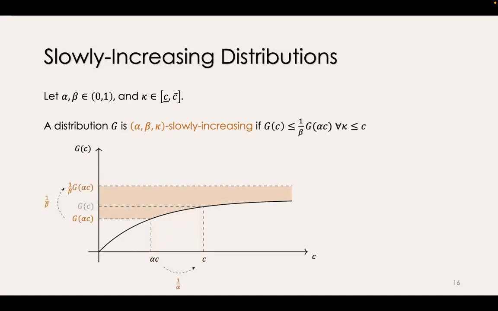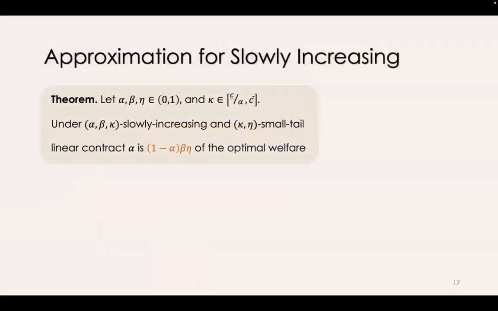Intuitively, this captures the spread of the type distribution. When alpha is smaller and beta is larger, the cumulative distribution function increases more slowly, and the distribution is spread out over a wider range. With this, we give the following parameterized approximation bound that relies on the slowly increasing condition and the small tail assumption.